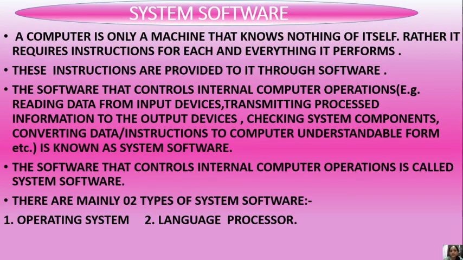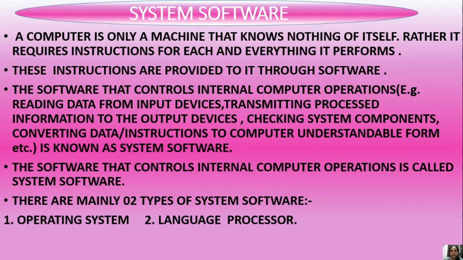Here first is system software. There are some points. First, a computer is only a machine that knows nothing of itself. Rather, it requires instructions for each and everything it performs. These instructions are provided to it through software. So without software, the computer is just a machine, nothing else.